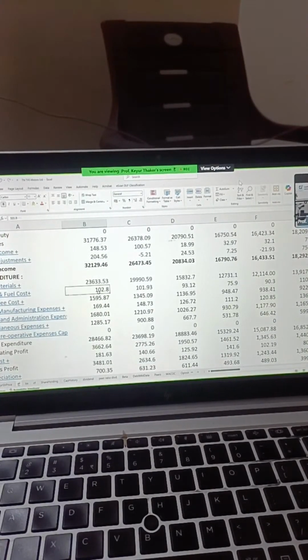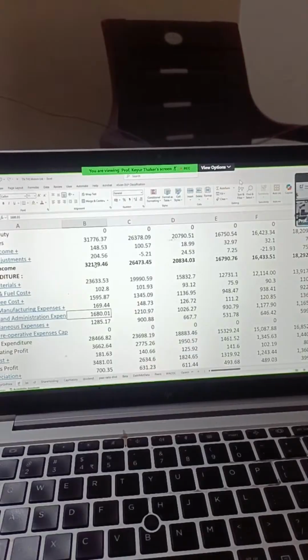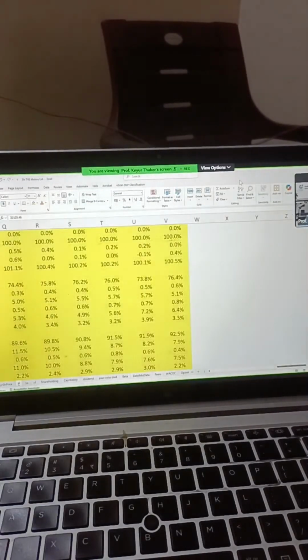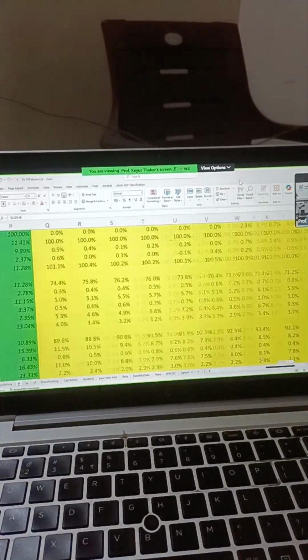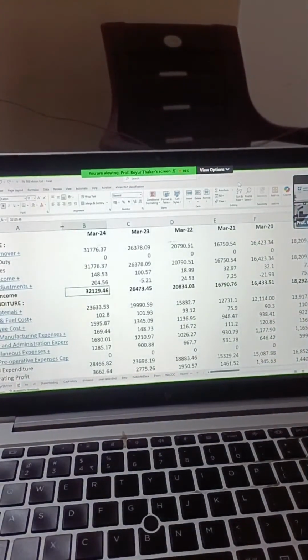How much would my power and fuel expense be as a percentage of total income? How much will my selling and administrative expenses be as a percentage of total income? If I do that, it looks very interesting. Let's try to understand this, but I'll first have to lock the panes, otherwise it will be difficult.